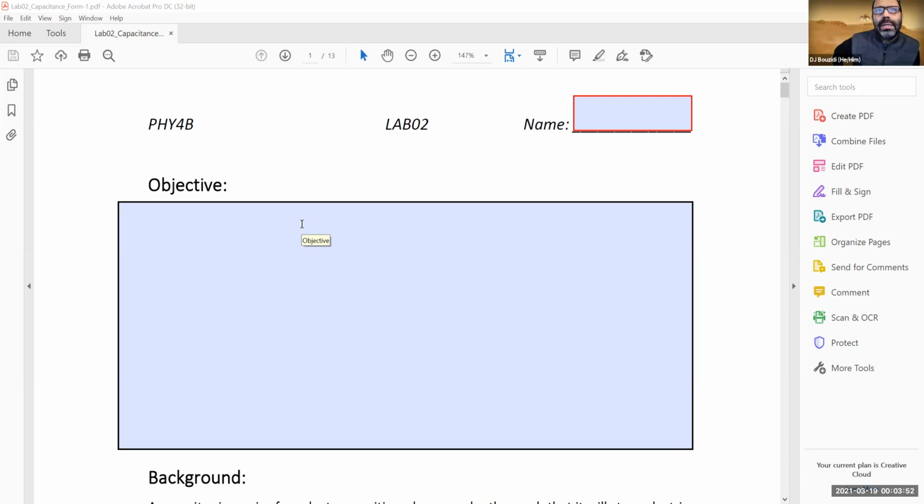Anyway, the point of this lab report form is that it is not constraining. You can choose whatever format you like. You don't need to use this one.